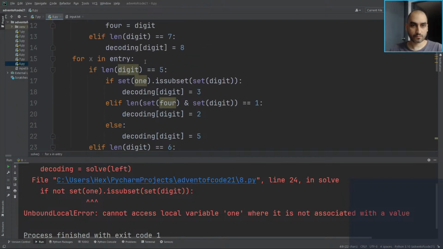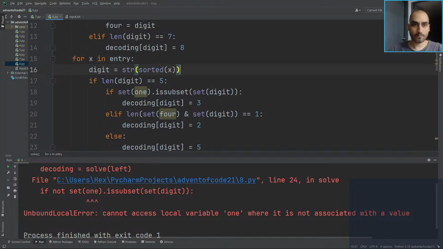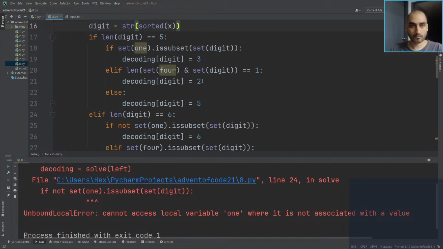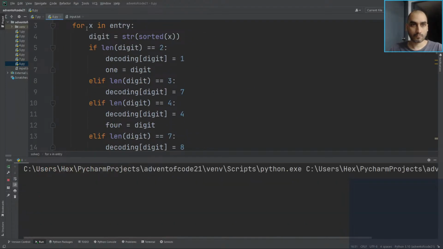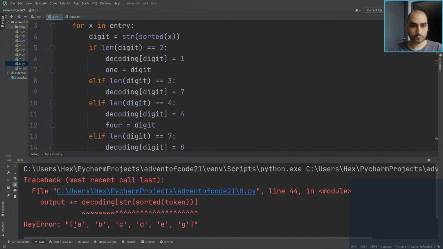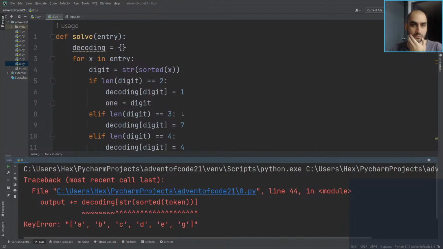I should have... Okay, fine. Oh, that's not how that works. How do you sort a string?